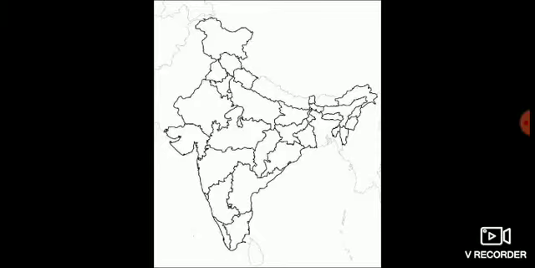And key or legend and scale, that is not necessary for this map. So first you need to write the title, the northern and southern states of India. I hope you all know the spelling for northern.